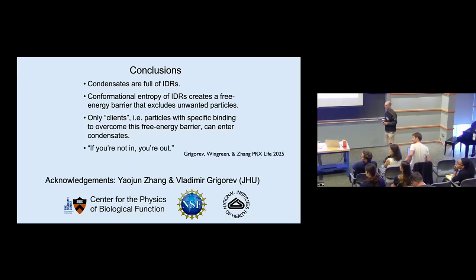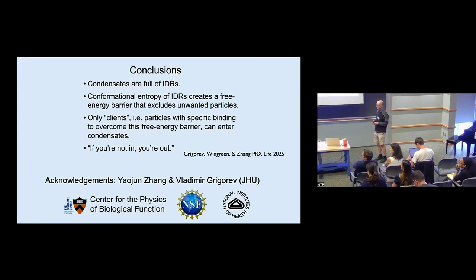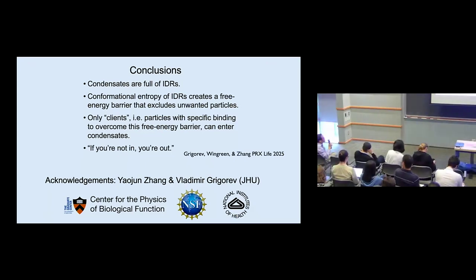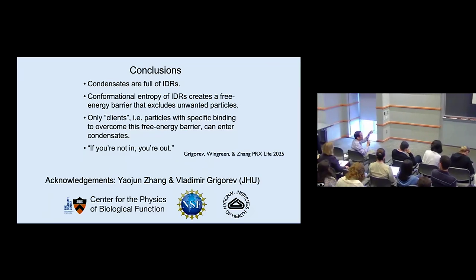This is really nice work, and it reminds me of my earlier incarnation working on crowding. This is sort of the flip of the crowding problem, where you have a single polymer chain in the presence of a dense suspension of particles. Here you have one particle in the presence of a dense suspension of polymer chains, but I think the concepts are the same.